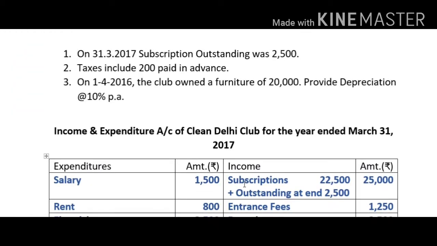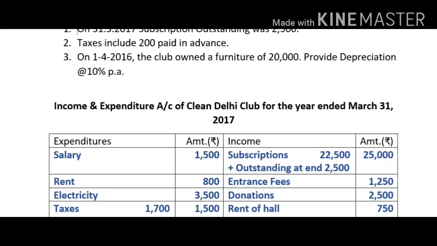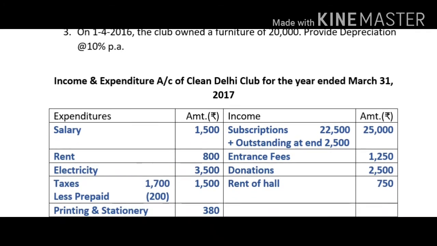Just focus on this item, subscription and outstanding at the end. These are subscriptions related to this current year, but still not received. Being current year income, these will be added to the subscriptions. Now taxes, total 1,700.